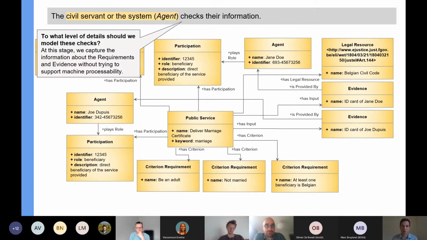So if any administration in Europe holds this information already, such as the age from an authentic source, so the age of the applicant, then a Belgian public administration or a Dutch public administration should not ask again for the same information if it's known somewhere in Europe. That's the main idea indeed, and that requires, as you mentioned, Pascal, the exchange of information from requirements and evidence and how to match those two together.